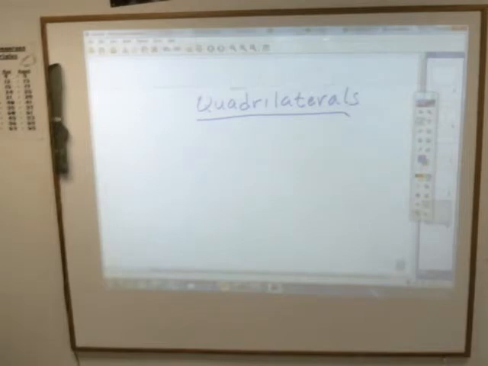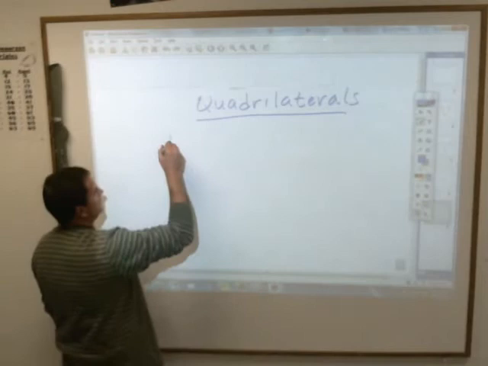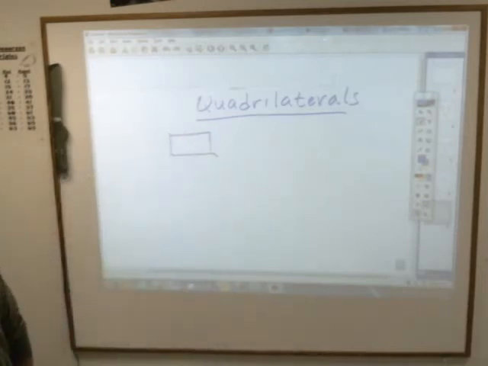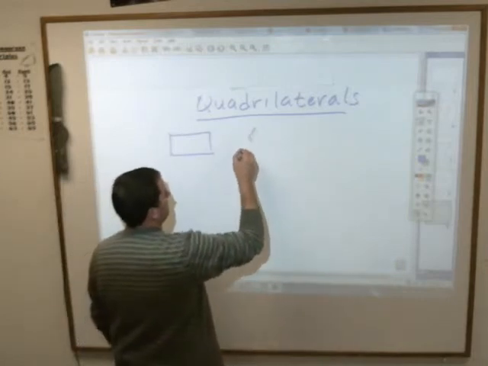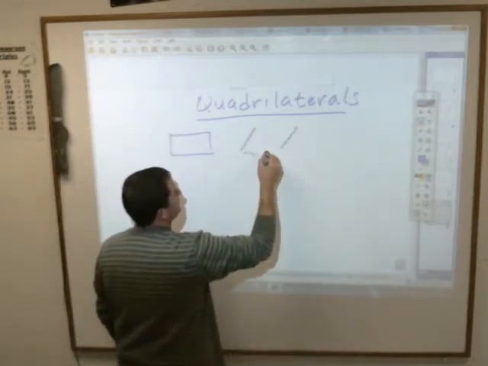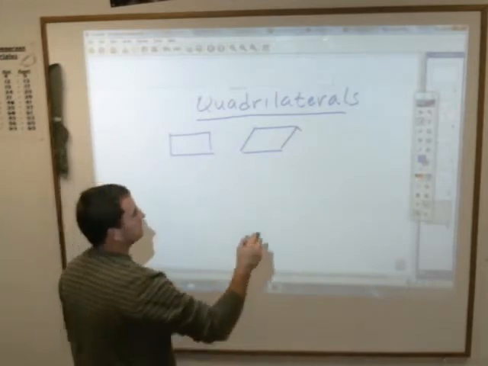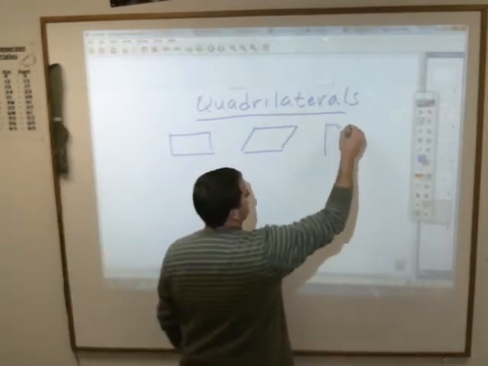And the book gives you A, B, C, D, E, F, and G shapes here. Let's jot those down. A looked like this. B, same thing, just with kind of slanted sides. C, kind of squarish looking.